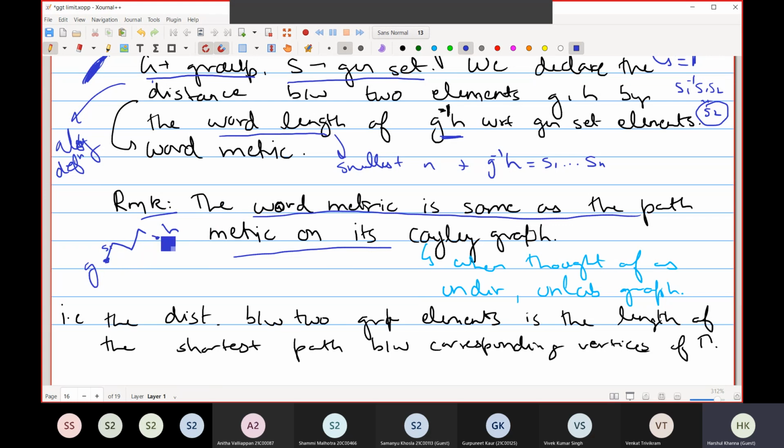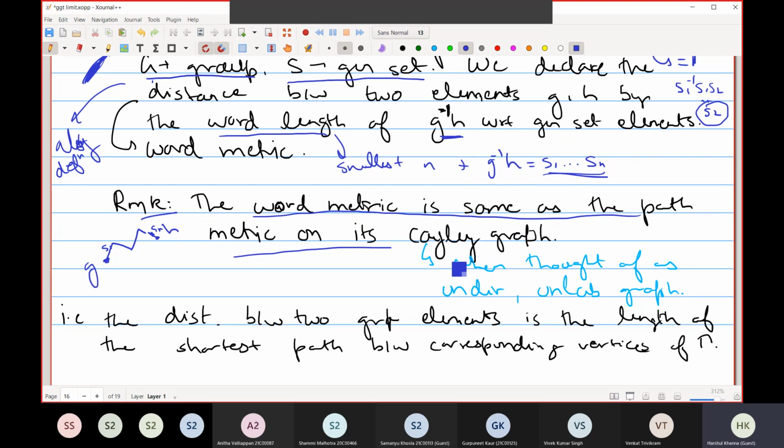This was S1, the last one is Sn, and the shortest such path, which is the path metric, corresponds to the smallest such n representing that element. This comes from the one-to-one correspondence between the edge paths and the words representing your element. So the word metric on a group is the same as the path metric on its Cayley graph.